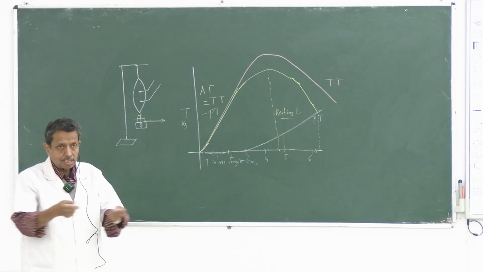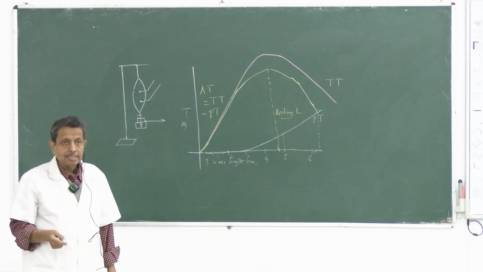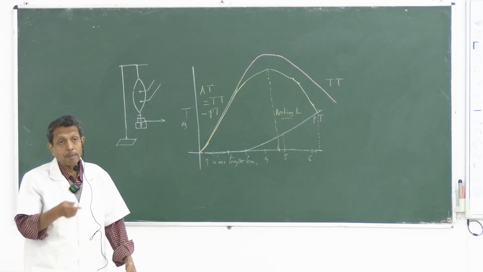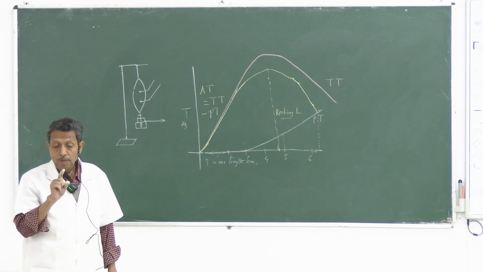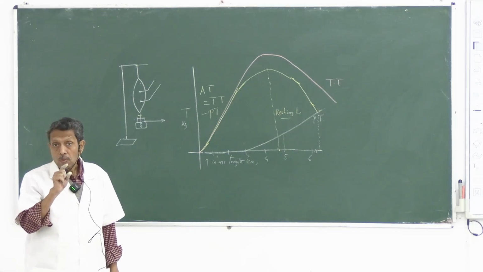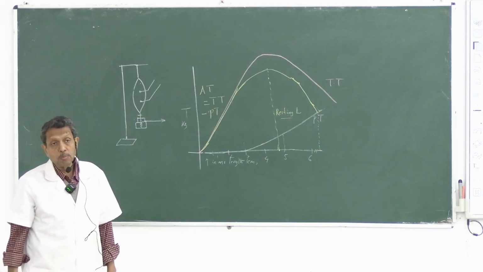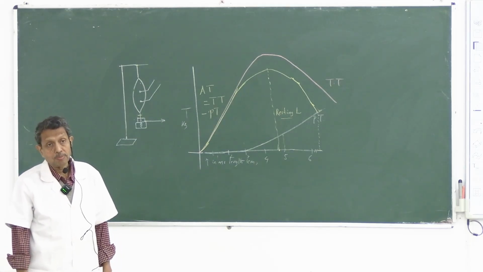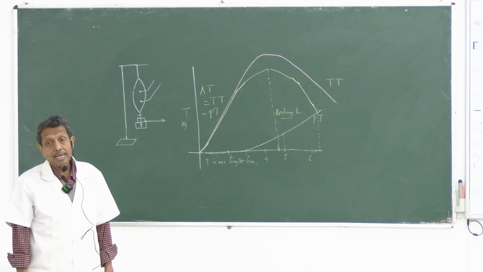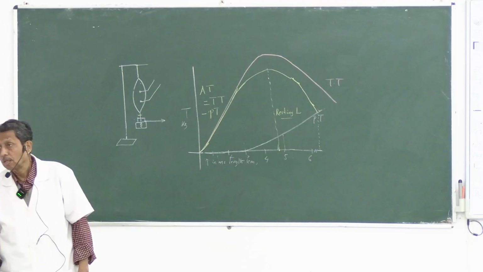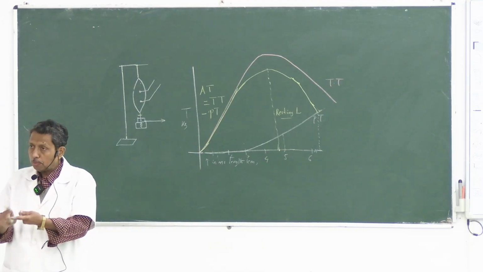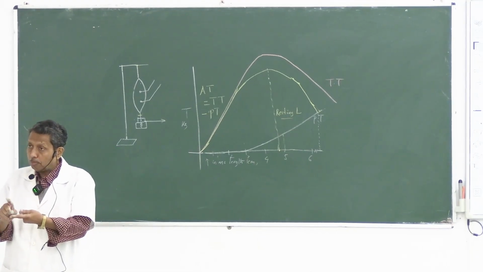Muscle is an elastic structure. It exerts some tension like rubber, and that is the passive tension. And at every length, when it undergoes supramaximal stimulation, there is generation of force, and it is the total tension. So total tension minus passive tension is the active tension.